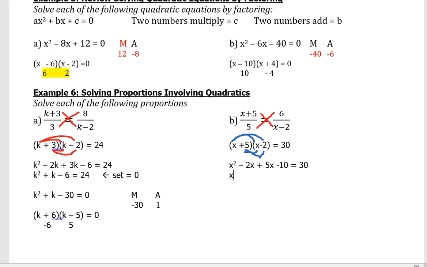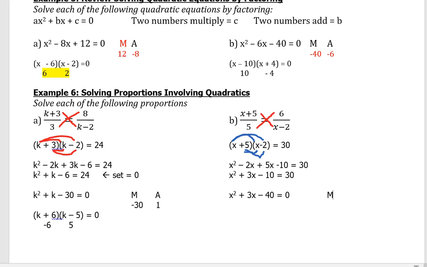Okay, just going to combine some like terms here. x squared, negative 2x plus 5x is 3x, and then minus 10 equals 30. Okay, again, like that last question, I want to set that equal to 0 before I try to do any factoring. So if I have negative 10 and I subtract 30, that's going to be negative 40.